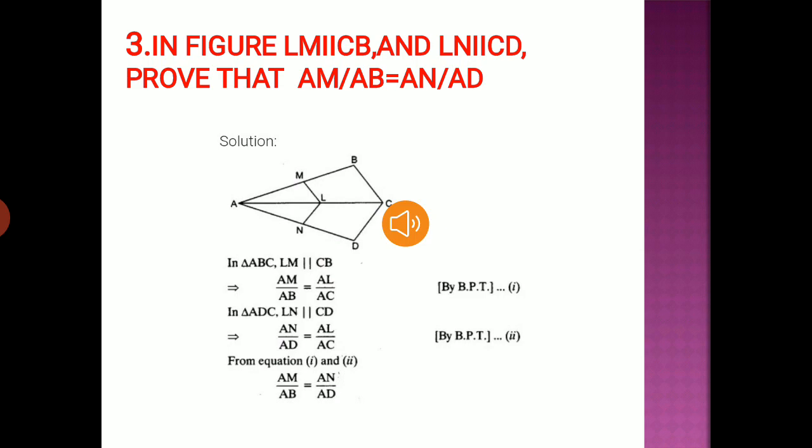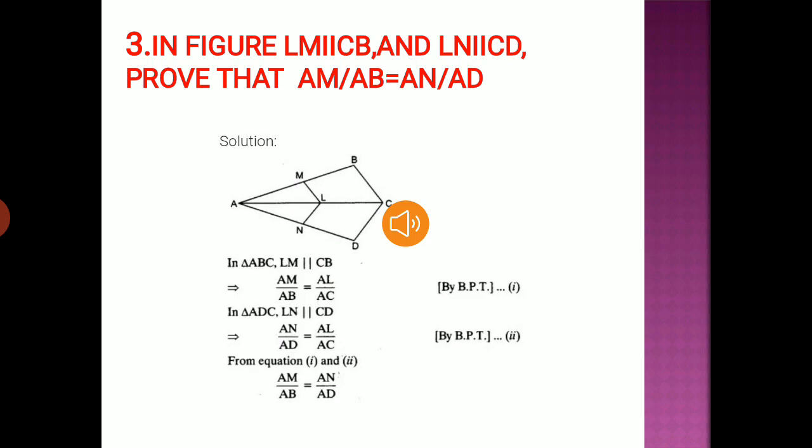They are given LM is parallel to BC. So, the theorem states that a line drawn parallel to a side of a triangle divides the other two sides in an equal ratio. So, apply the corollary of BPT for triangle ABC and triangle ADC.